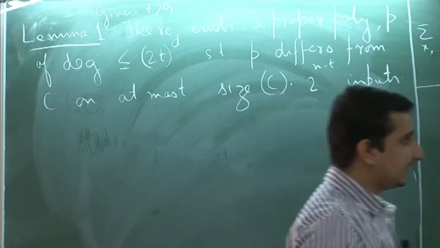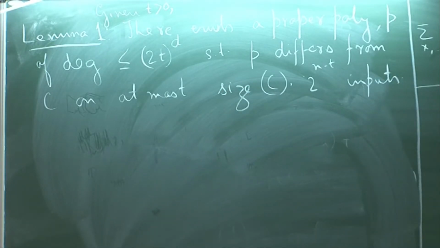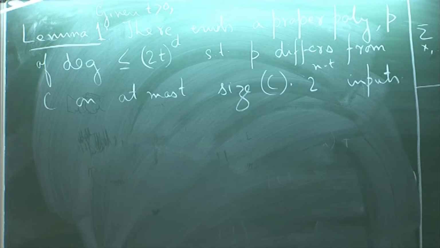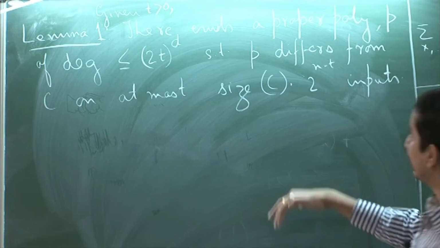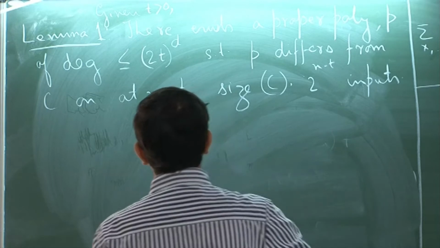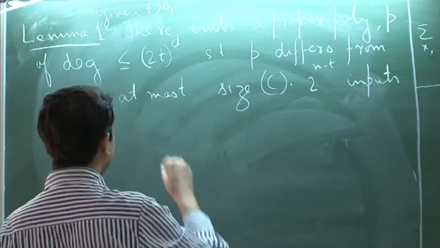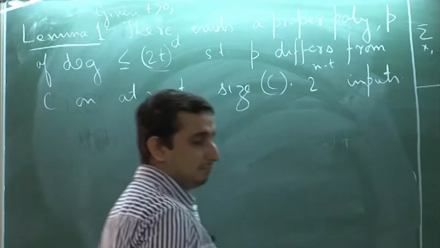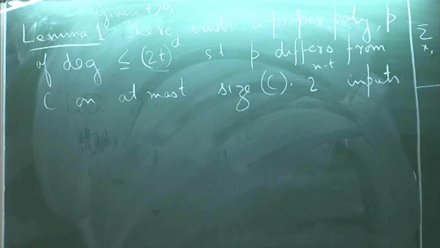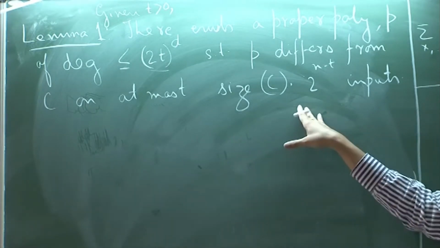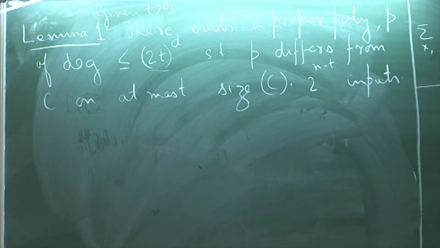Okay. So, since we are looking at n variate functions, the total number of possible inputs can be 2 to the power n. So, what we are claiming here is that if we start with an AC0 circuit, then for any t greater than 0, there exists a proper polynomial having degree at most 2t to the power d, such that P will differ from the circuit on at most so many inputs. Okay.